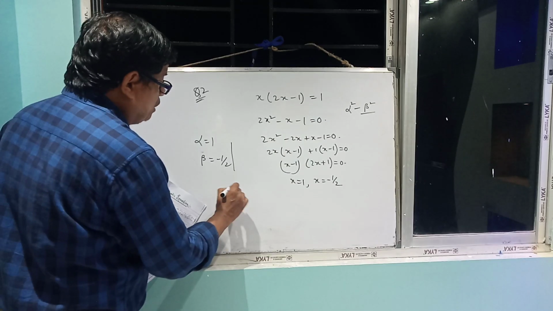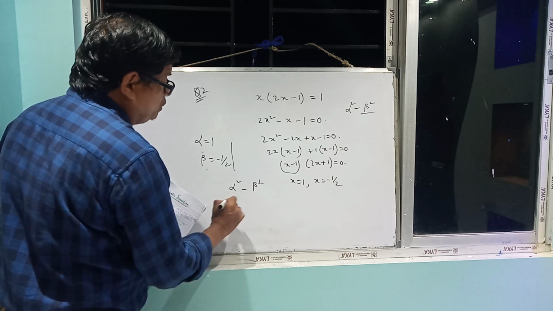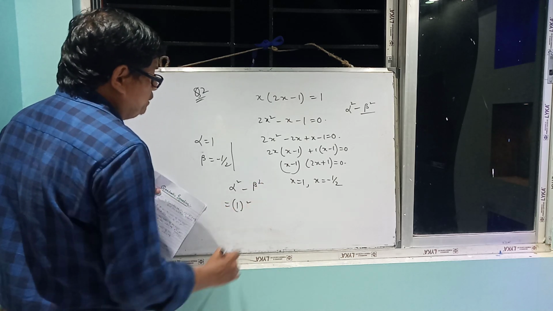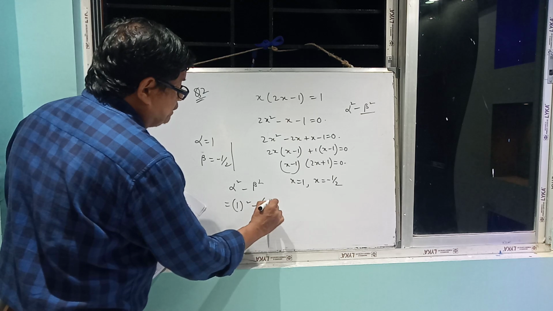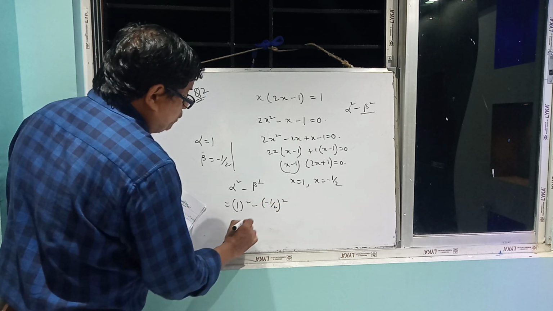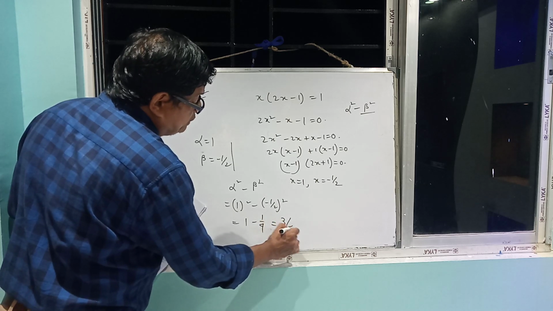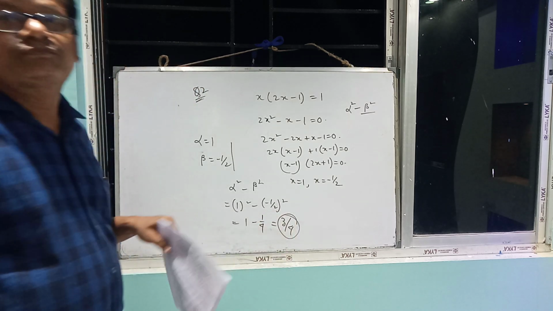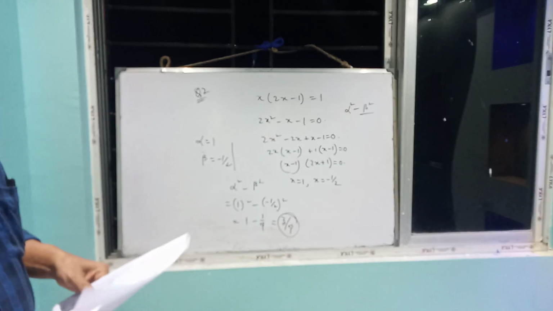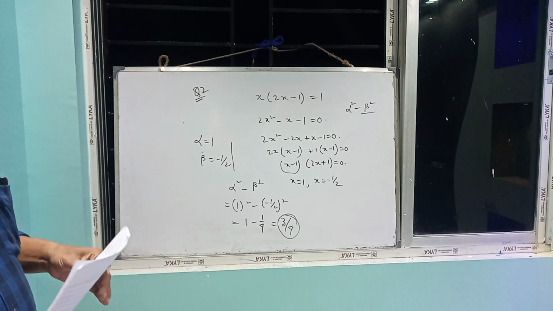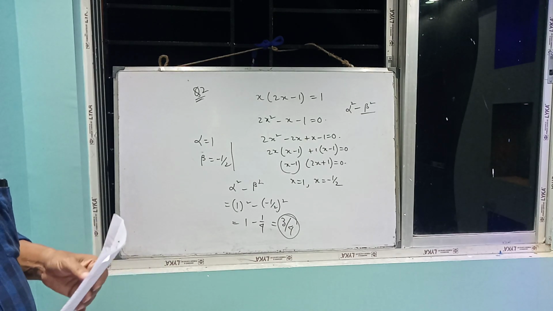Now put the value: alpha square minus beta square. So 1 whole square minus minus half whole square. So write 1 minus 1 by 4 equal to 3 by 4. Answer. Okay? Answer is 3 by 4. Okay?